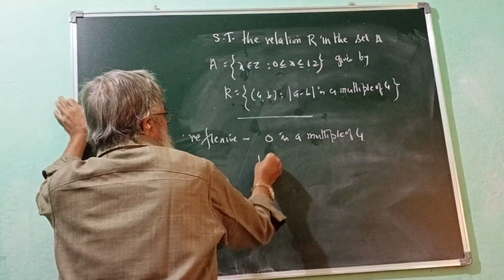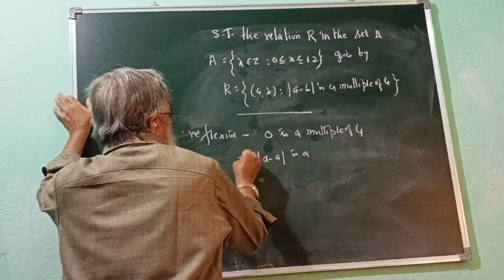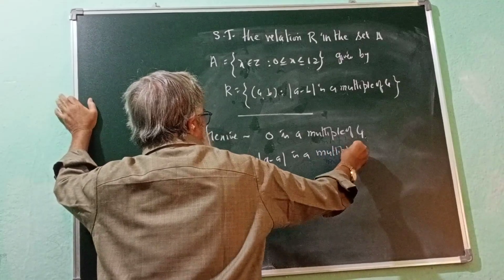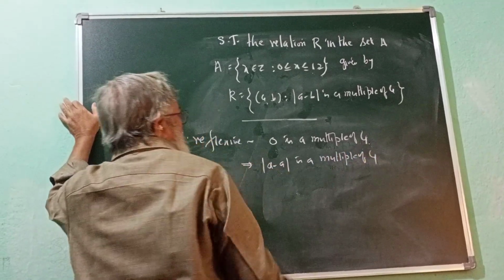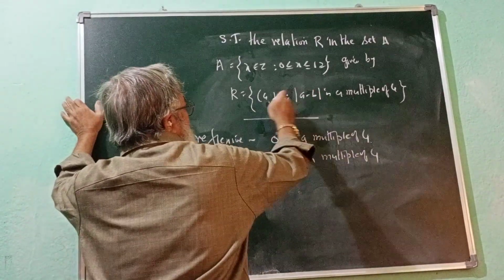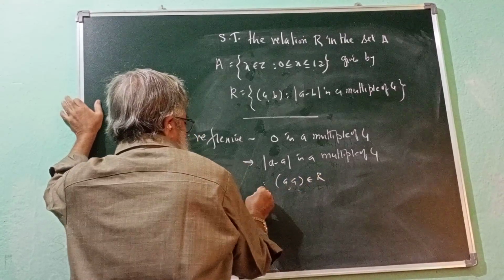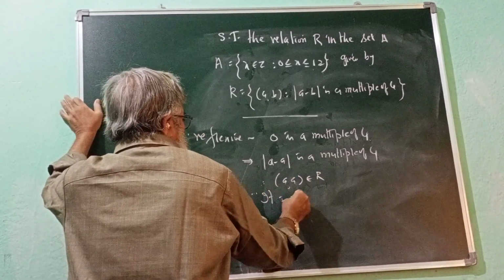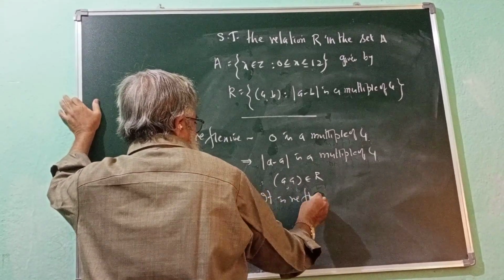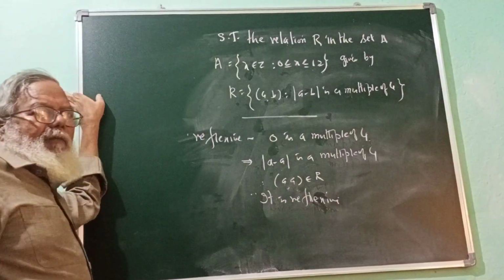Or 0 can be written as mod of a minus a, which is a multiple of 4. Therefore, by the given condition, (a, a) belongs to R. Therefore it is reflexive.